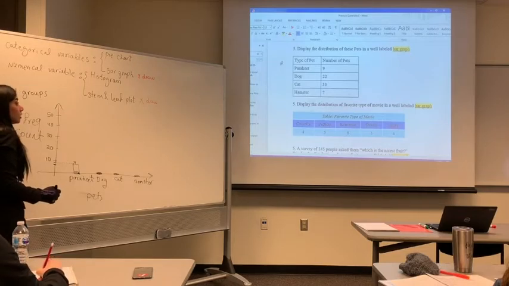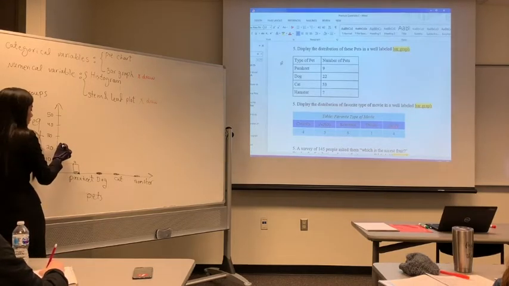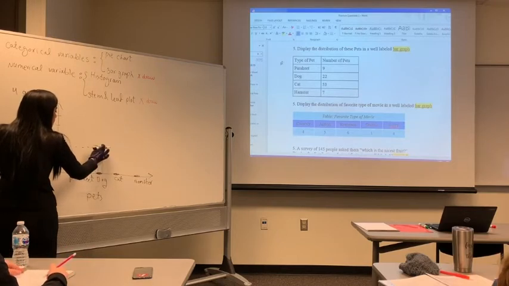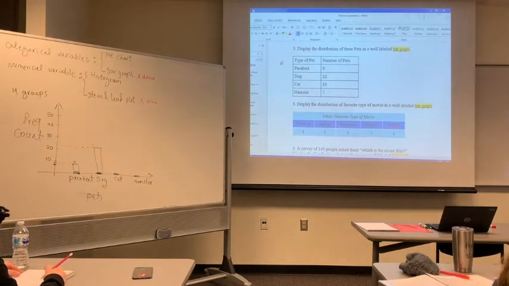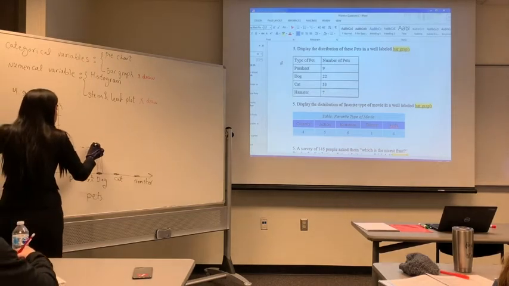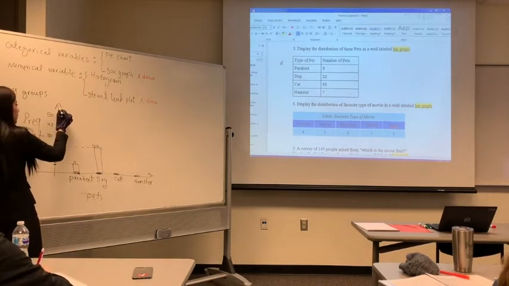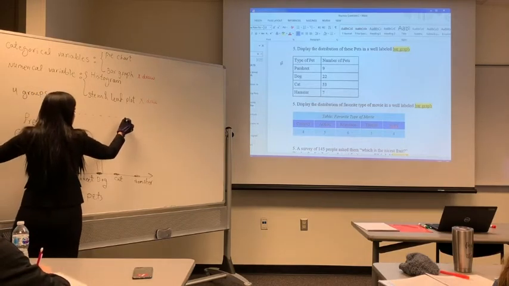And then for dog, we have 22, let's say here, an imaginary line to show us the height of this bar. So 22. And then cat, we have 53. Let's say here.